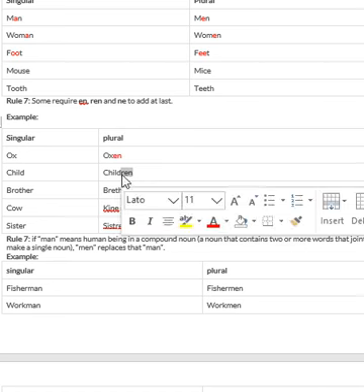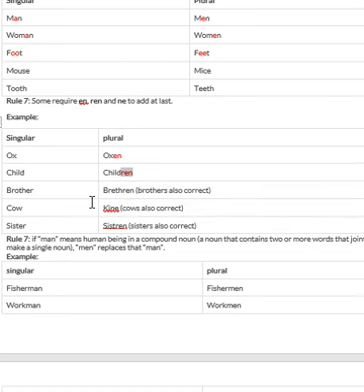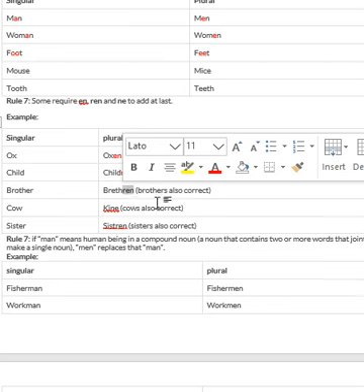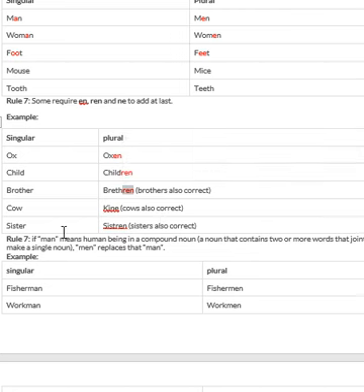You will have to add ren to make it plural. In case of brother, you may use brethren or you may use brothers. In case of cow, you may use kine or cows is also correct. In case of sister, you may use sistren or sisters. Both are correct.